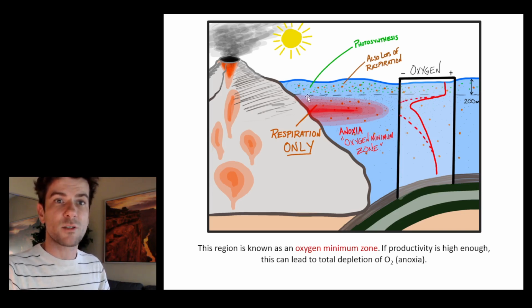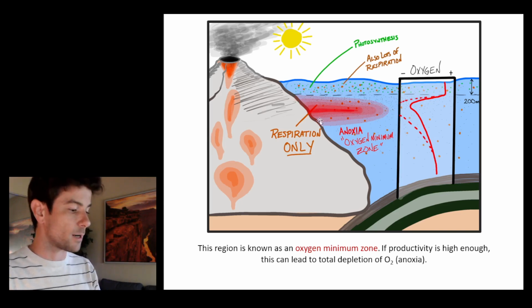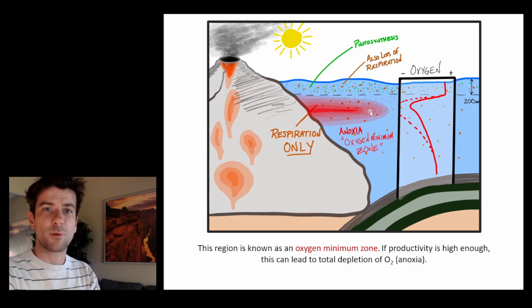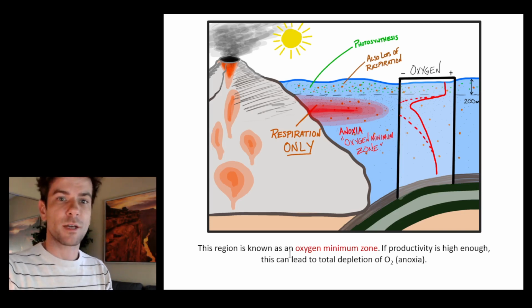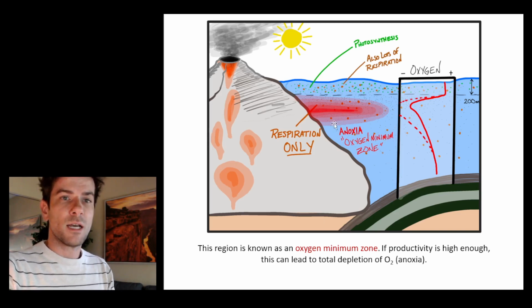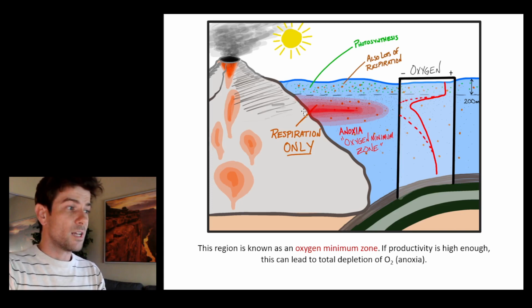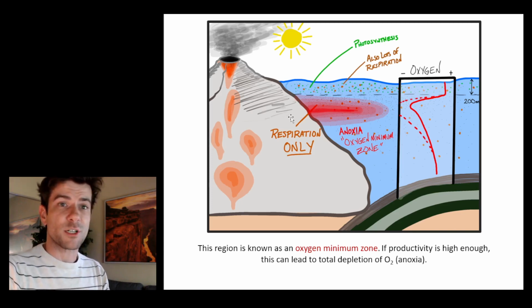And these zones frequently develop along productive continental margins. And we have a special name for them. It's an oxygen minimum zone. Okay, and it says it there. And so despite the fact that there's no oxygen present in there, there's still a lot of respiration taking place.